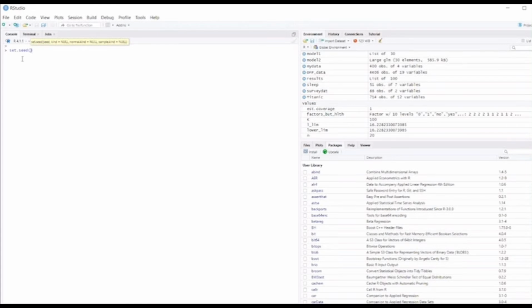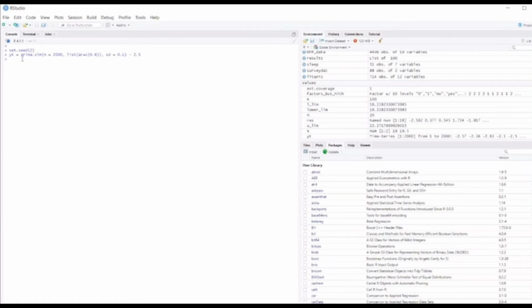Because we want to simulate from a population, and if you go into the population several times and simulate data sets, you're basically going to have different values. For us to be uniform, for us to get the same one, we can set a seed and put any number, but we've got to put the same number. Okay, so then I'm going to paste the code now.